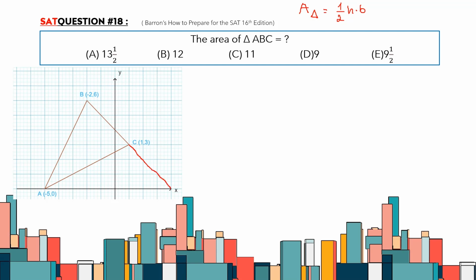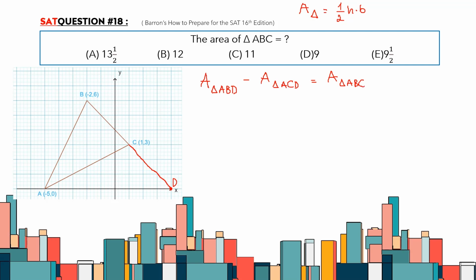a bigger triangle, and I call this point D. We can take the area of the triangle ABD and subtract the area of the triangle ACD to get the area of triangle ABC.